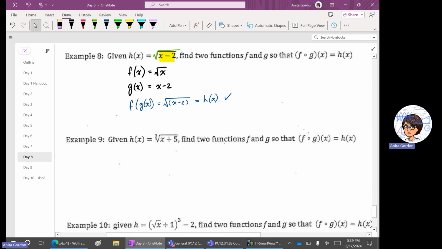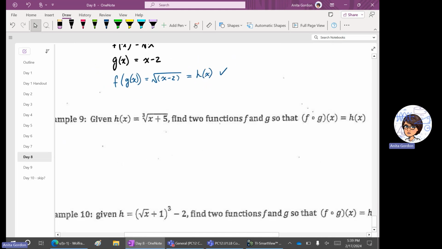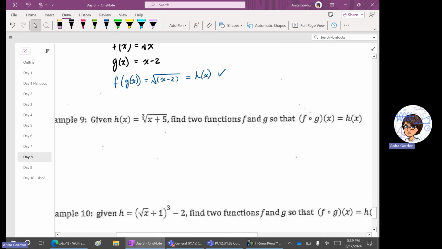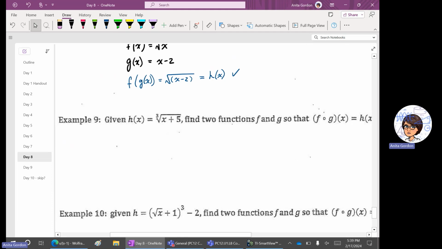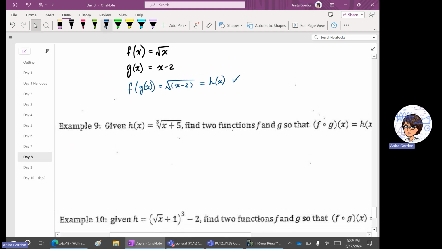In example 9, given h is the cube root of x plus 5, find two functions, f and g. So essentially, we're asked to do the same thing, and here I'm going to do the same. The thing that's covering a lot of the stuff, I'm going to call f. F is the cube root of x.